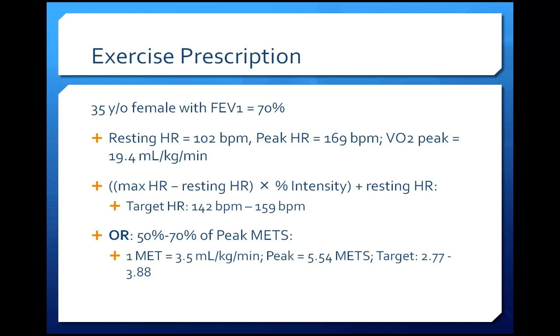Peak heart rate was 169. The oxygen uptake was 19.4 milliliters per kilogram per minute. So if we use the Karvonen formula, her target heart rate was 142 to 159. If you use metabolic equivalents, or METs, you would see that the target would be 2.77 to 3.88. The math is up there. I won't talk about it.